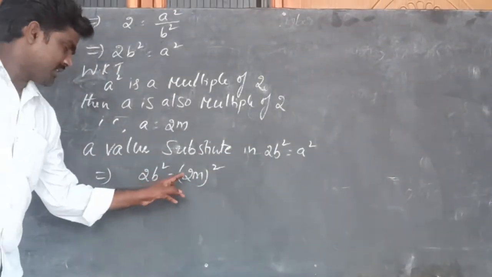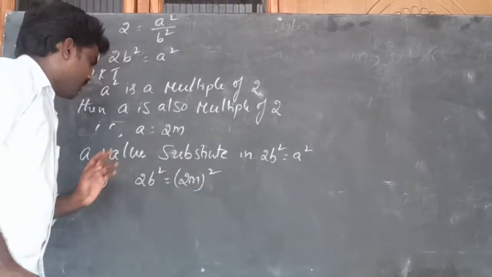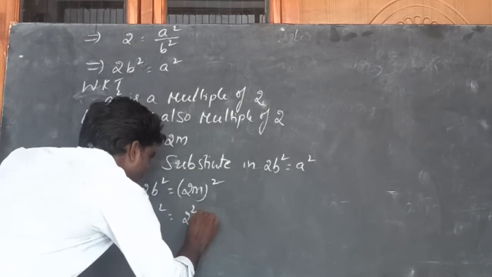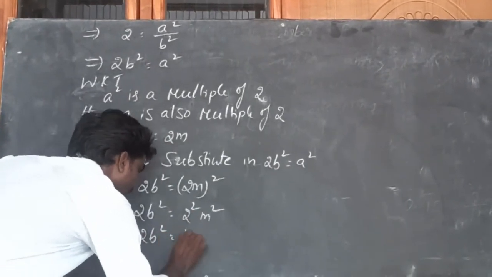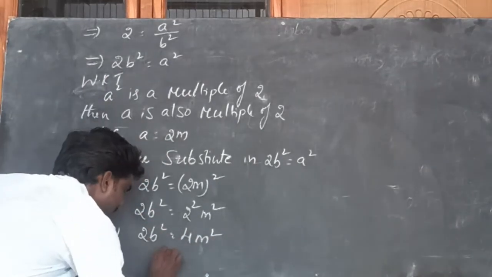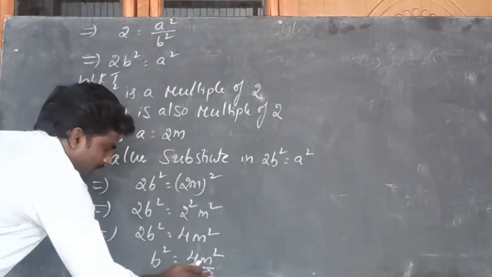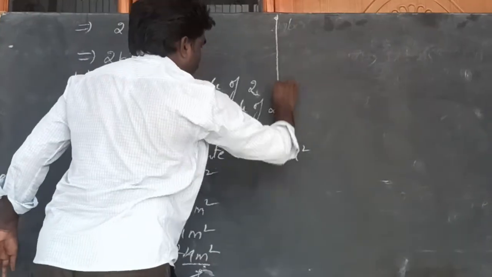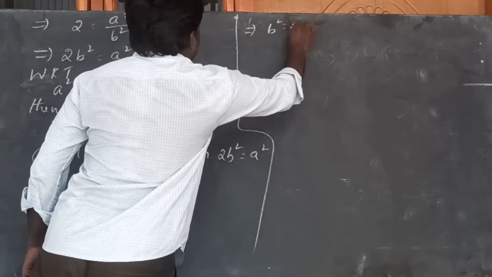Here we can apply (ab) whole power m is a power m into b power m. This 2b square is equal to 2 square m square. So 2b square is equal to 4m square. This 2 here is a multiple; this 2 is going to divide. b square is equal to 4m square by 2. 2 ones are 2, 2 twos are 4. So that is b square is equal to 2m square.